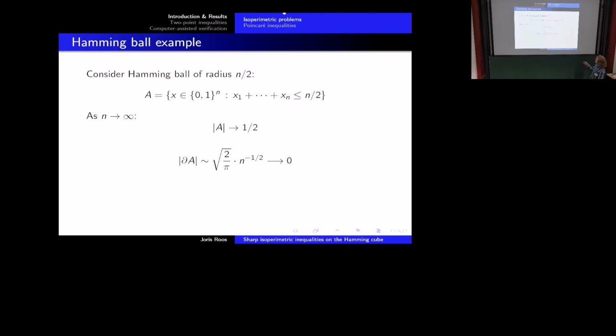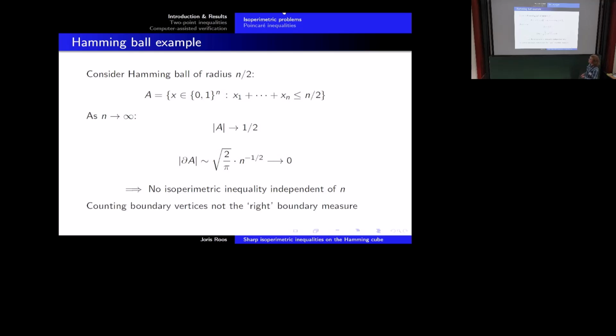And the remarkable thing about this is that it goes to 0. So if I'm interested in proving inequalities that are independent of n, then I am not going to be successful to get any interesting lower bounds that are independent of n. So this is not the right notion of boundary that I want to consider.